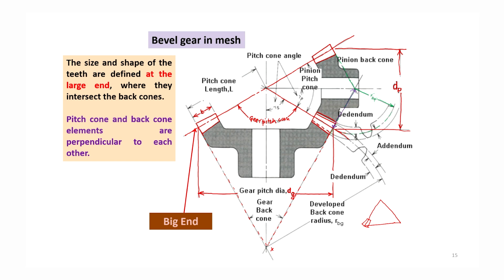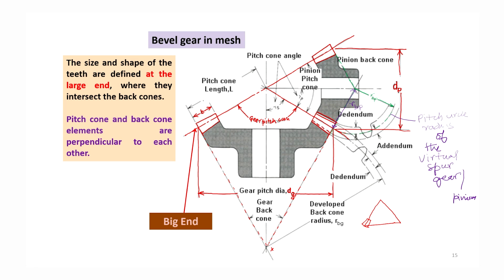This is your RBP, that means radius of the back cone of the pinion. So, with that radius, if a circle is drawn, then that circle is called the pitch circle radius of the virtual spur gear. And this is for the pinion.